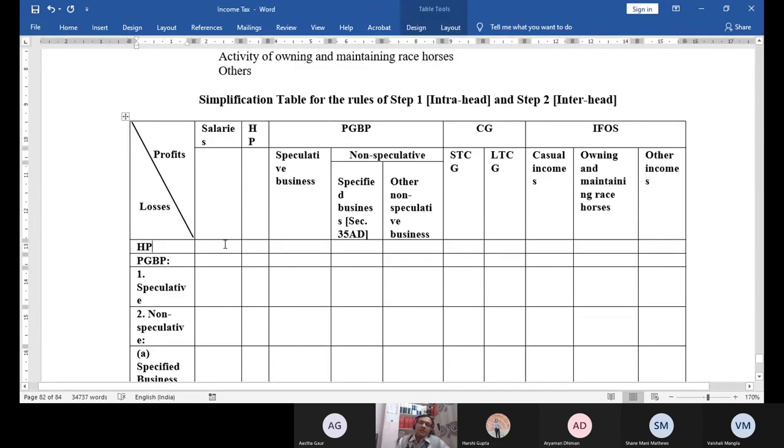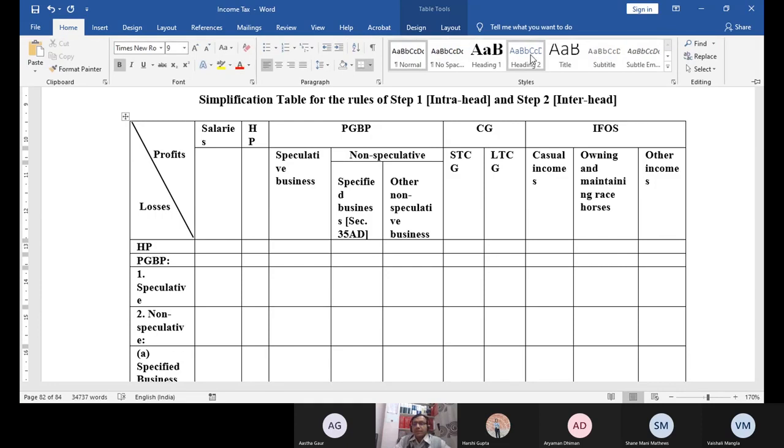Now, when I'm talking about step one, I will go only in the HP head. Can one negative HP be adjusted against another positive HP? Answer is yes. There is no problem. It can be adjusted. It's allowed.